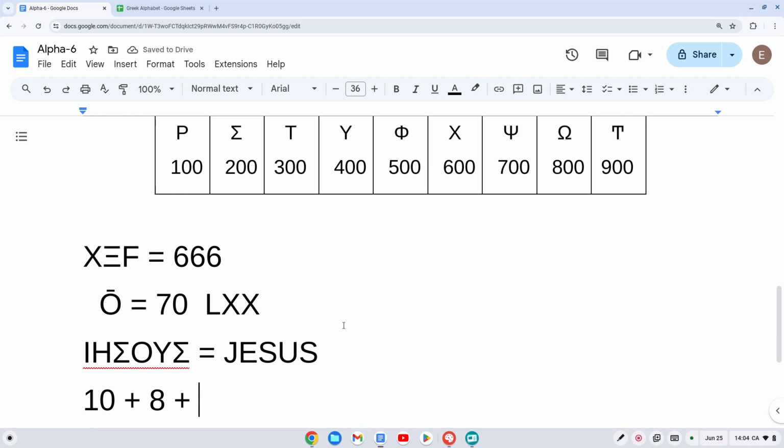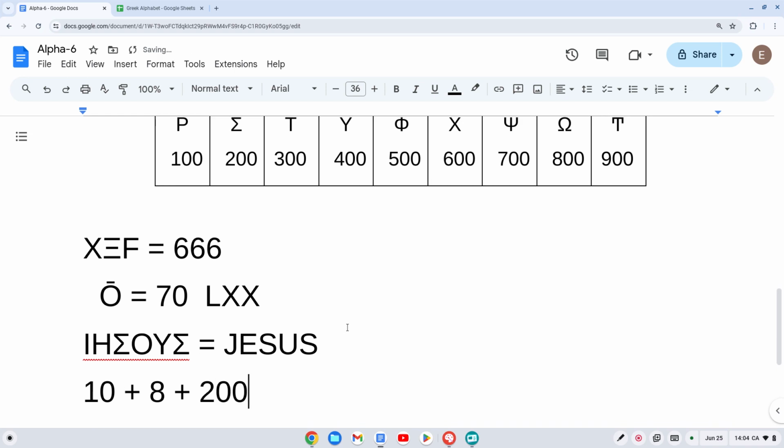Sigma is 200. Omicron, we said was 70. Upsilon is 400. And then sigma again. Whoops.